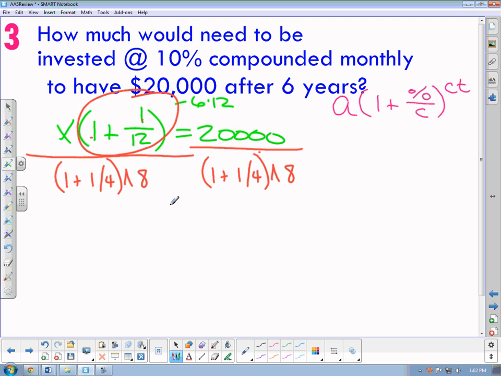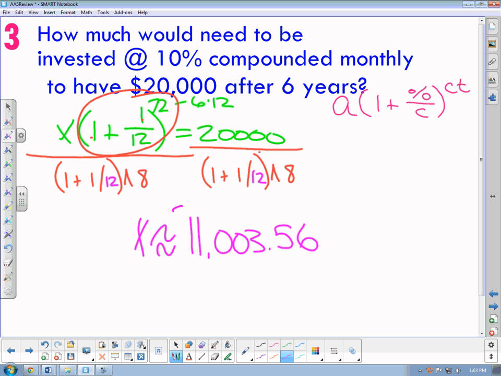That was quarterly that I showed you before. I am so sorry. And so now that should be a 12. And then when you solve, you would get x equals $11,003.56.